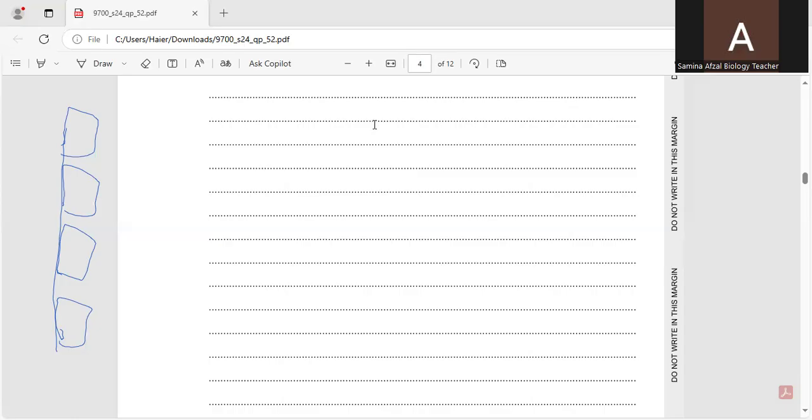So now I am going to write all these points which I have told you. Now, first of all, we will make use of a measuring tape.